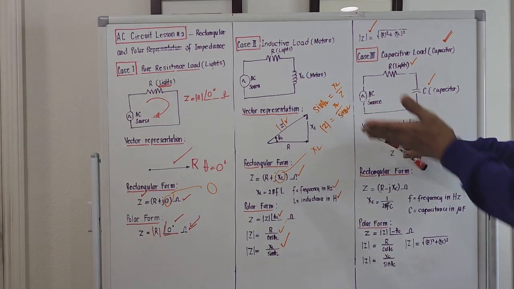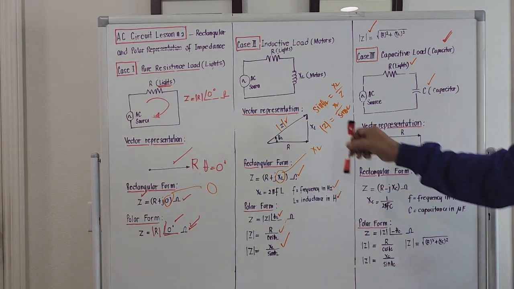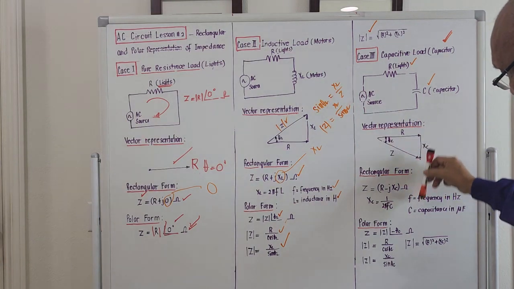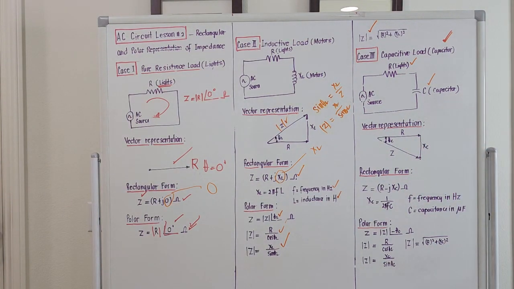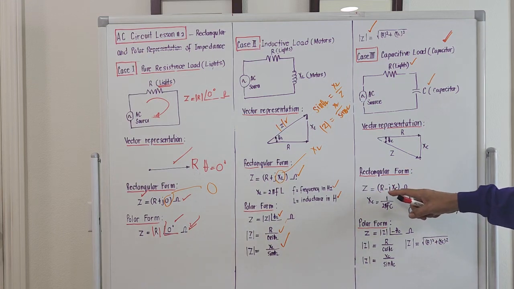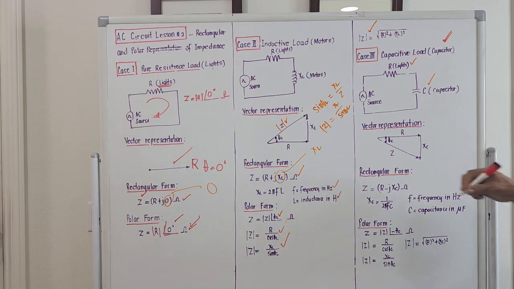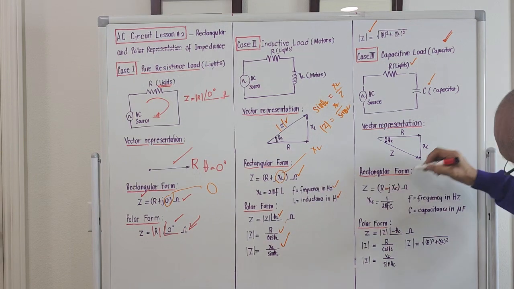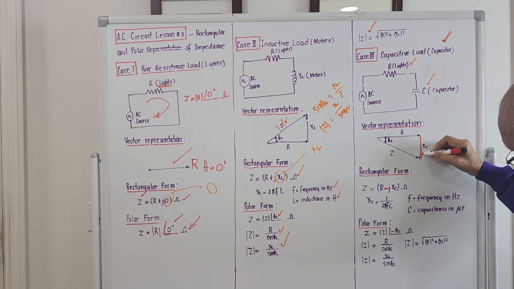For the inductive load, the imaginary part is upward. This is downward. So for the rectangular form, Z will be R minus j X of C, ohms. This is minus because it's going down over here.